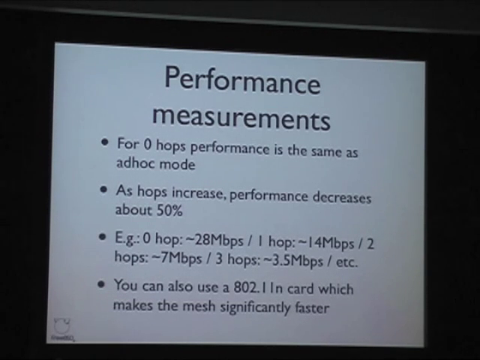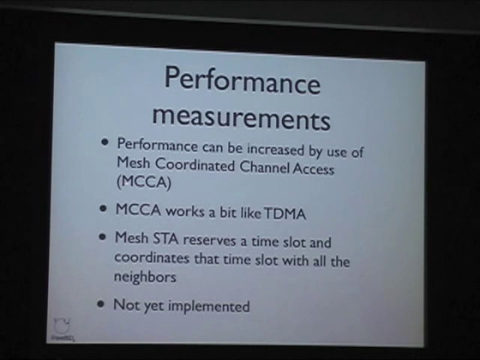You could get an 802.11n card, which will make things faster, or we could implement MCCA, which is a time division thing, and hopefully the penalty for each hop won't be as high as 50%.